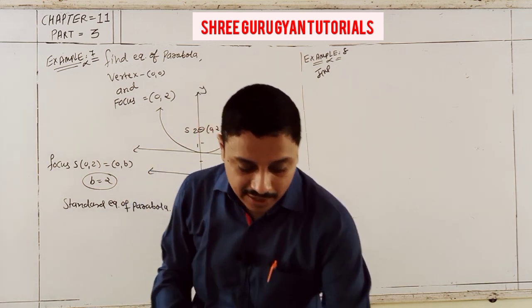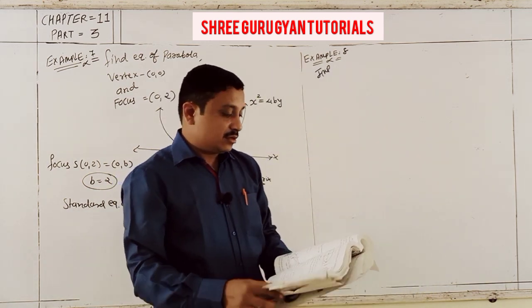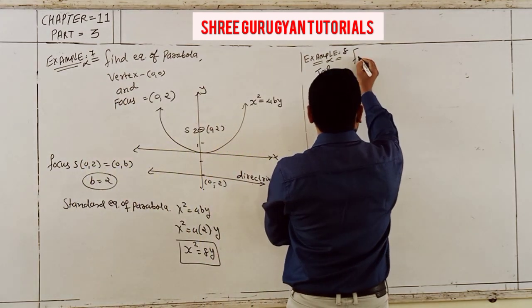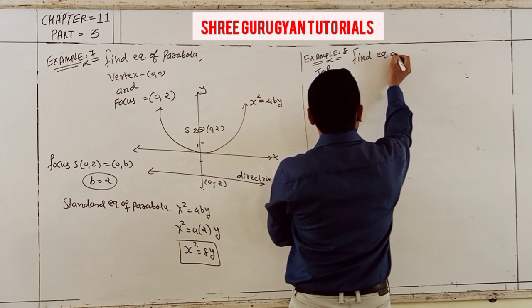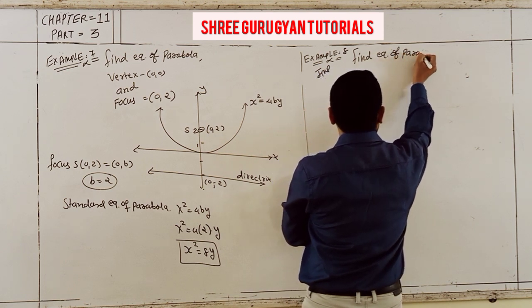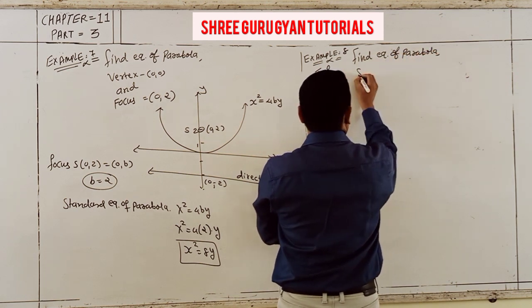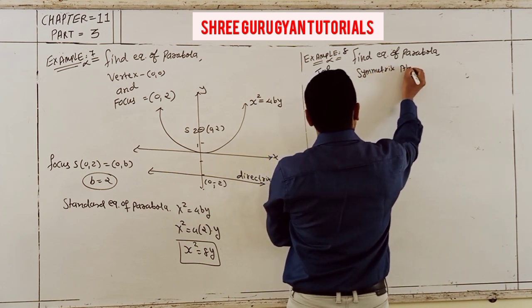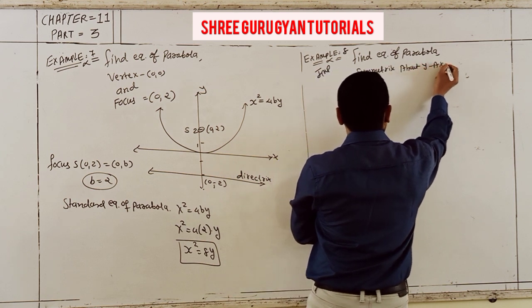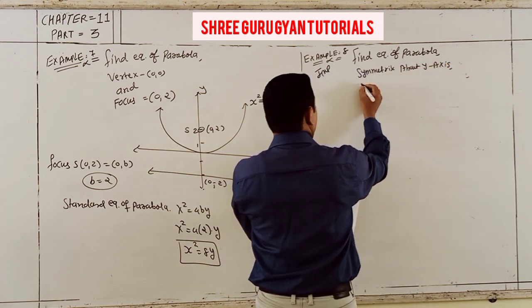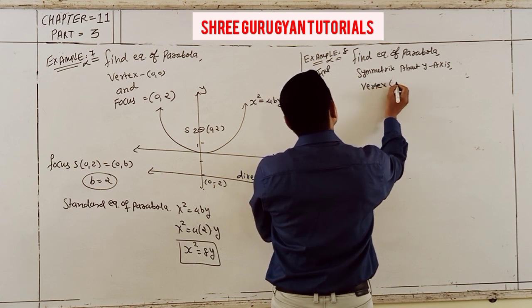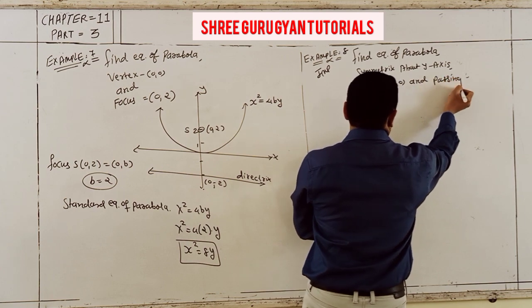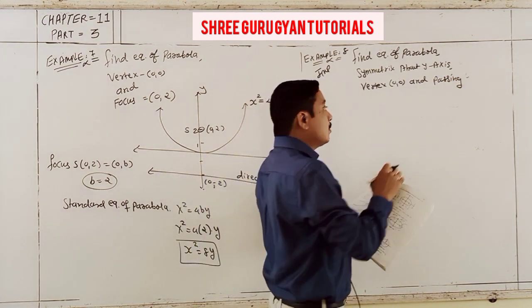Find the equation of the parabola symmetric about the y-axis, with vertex 0 0 and passing through the point 2, minus 3.